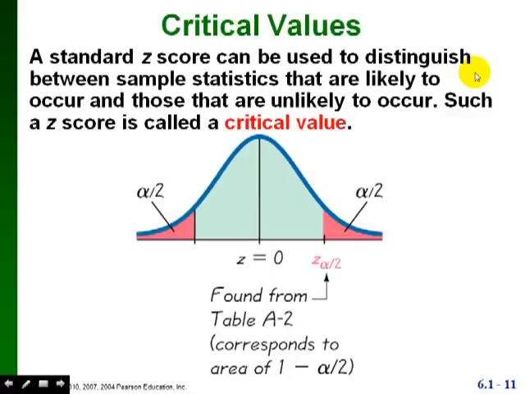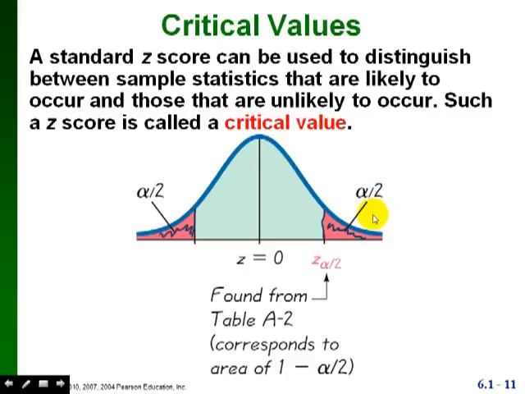So first of all, we need what we call critical values. For this part, we're going to get these from the normal distribution, so from the z-scores table. So what we're going to do is take our value of alpha, which remember is related to our confidence level. We're going to divide that in half, and we're going to say half of it is in each tail of our normal distribution.